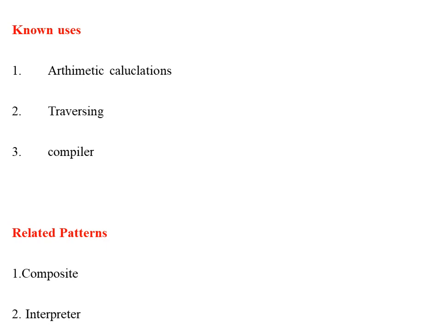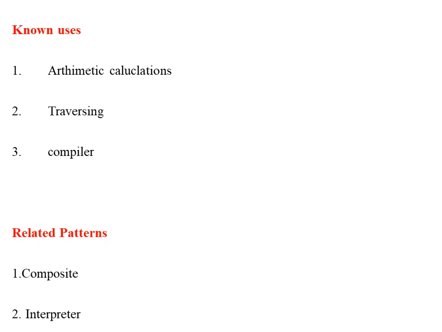Next, coming to the related patterns, the last template: composite and interpreter. Composite, as I told you, is about hierarchical layers, a hierarchical structure. That is how the composite pattern works, and it is one of the main related patterns for the visitor pattern. The second one is the interpreter pattern.